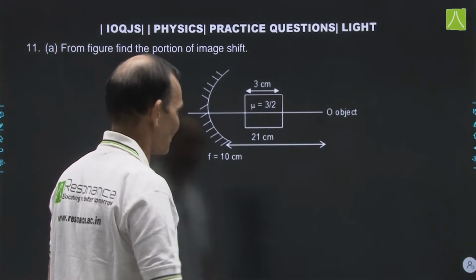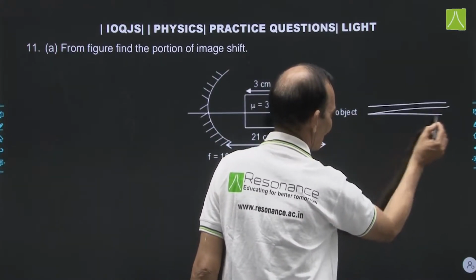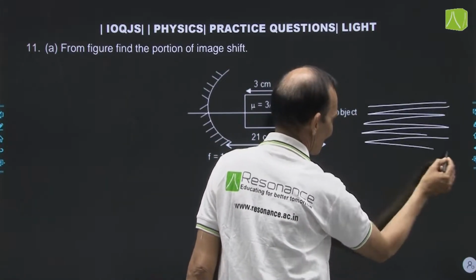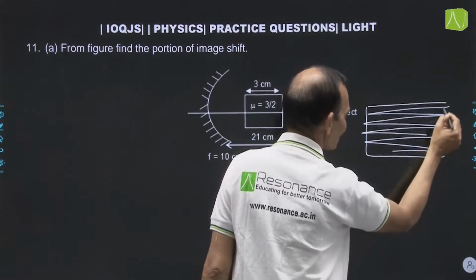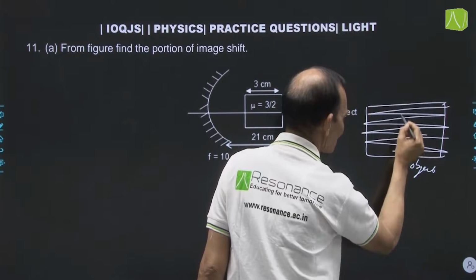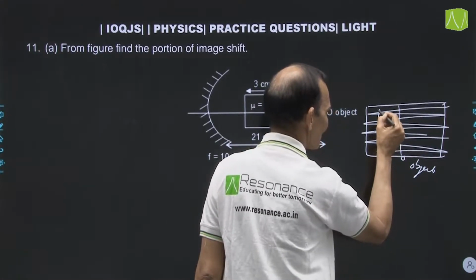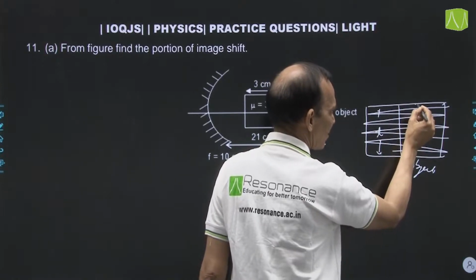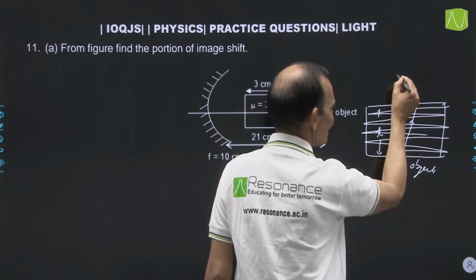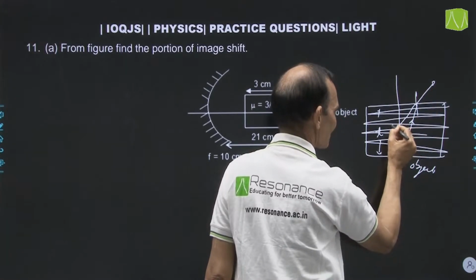Now to solve this question, think about this. It is water. Up to here, any object is placed. So this length will be the real depth, suppose it is t. It is viewed from the top, the ray goes like this, it will bend away, and here will be the image.